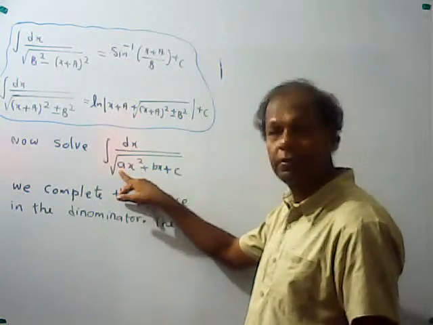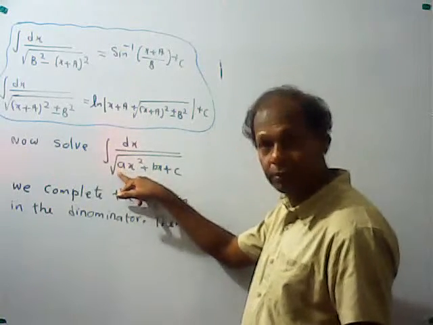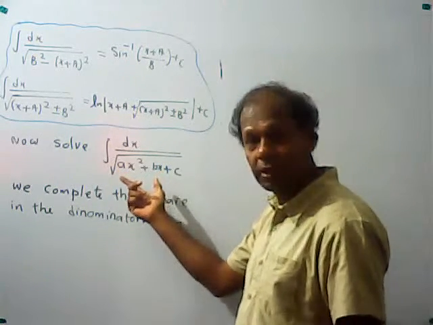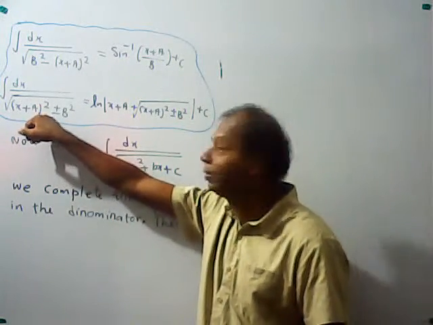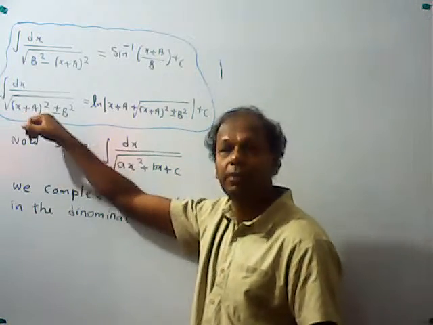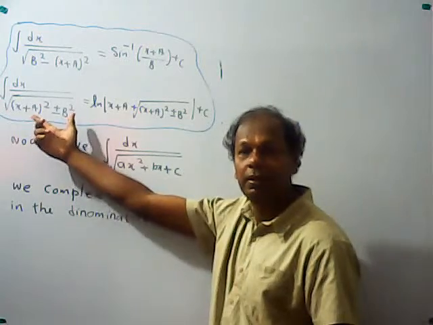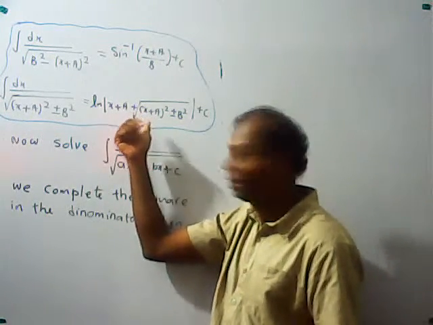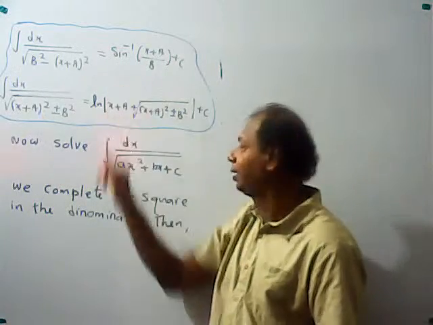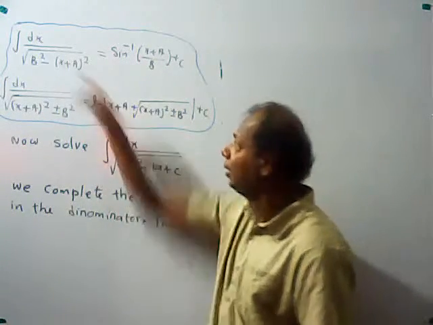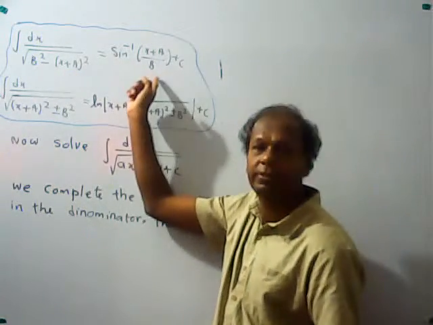If this coefficient a of x square is positive, completing the square will transform it into something like this, and we have the solution. If a is negative, it will be transformed into something like this, and this is the solution.